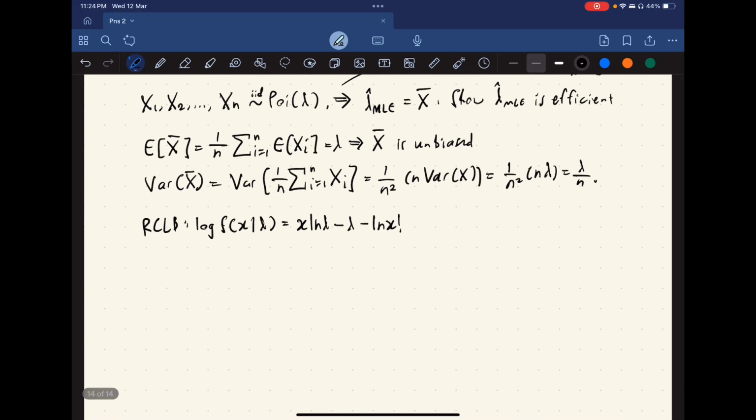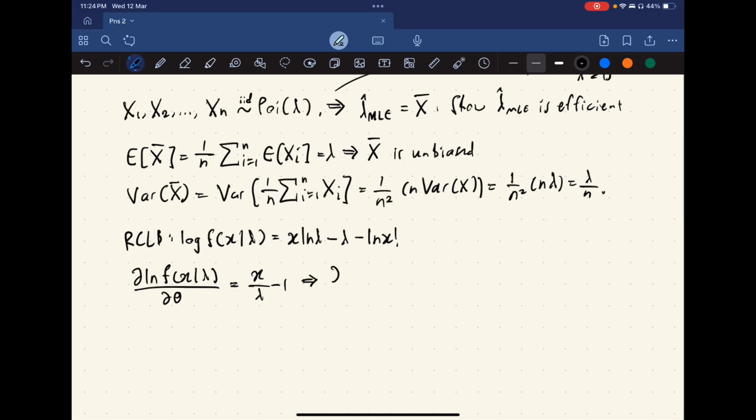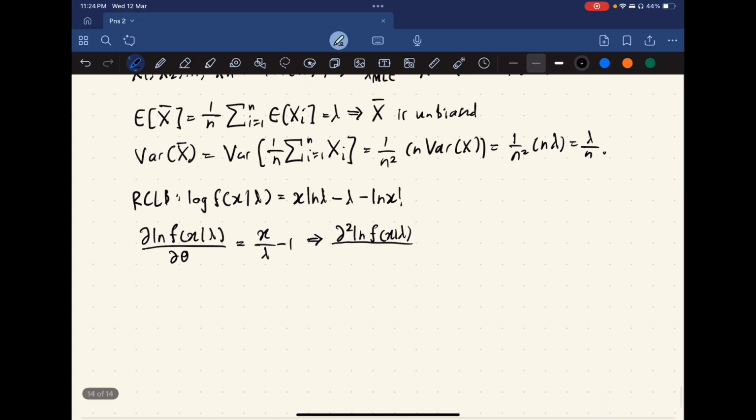Now that you have the log of the PMF, you find the second derivative. First we find the first derivative, which is just x over lambda minus 1. And then the second derivative. You can use log or ln, it won't make any difference here.